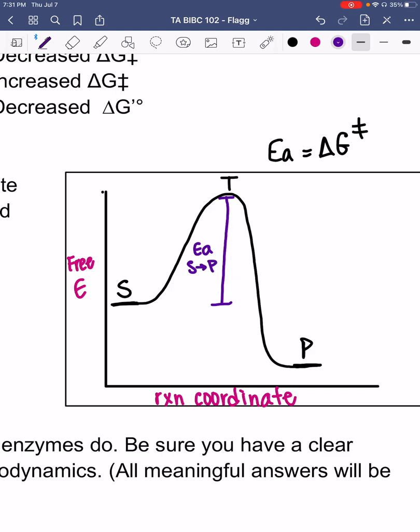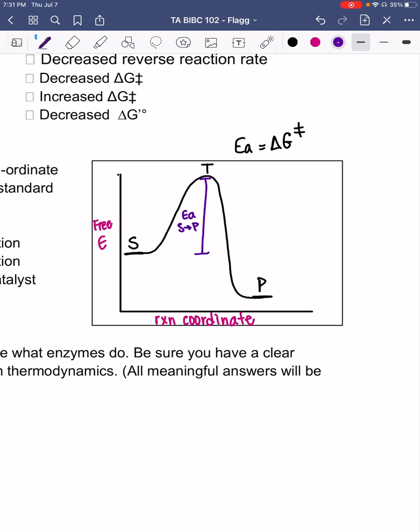Now, what if we were looking at this reaction going backwards, the reverse version, where this was our starting material and this was our ending material? Then we would start here, go through a higher activation energy, then come out and end over here.